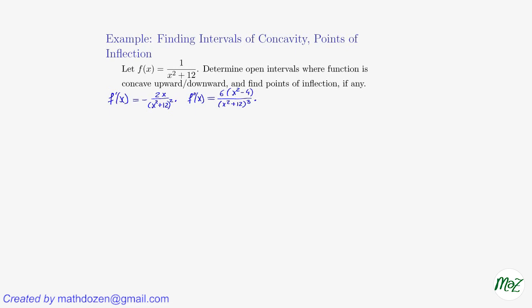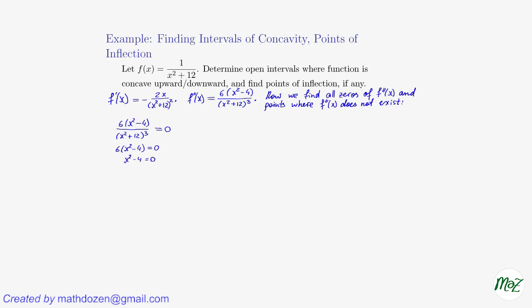After that, we set out to find the zeros of the second derivative and the points where the second derivative does not exist. Setting the fraction equal to 0 is equivalent to the numerator being 0, which gives us x squared minus 4 is 0, or x squared is equal to 4. And then taking the square root with a plus or minus, we get x being positive or negative 2.